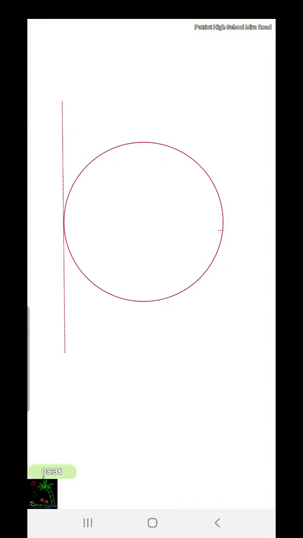Now if you consider another line, the distance between these two lines is the maximum.